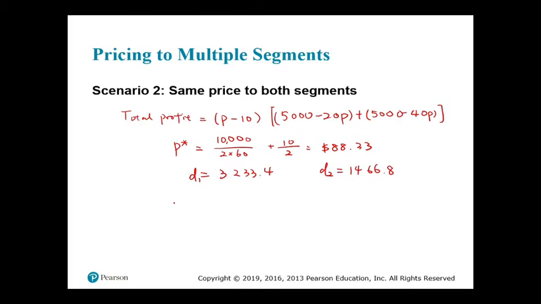And in this case, our total profit would decrease to $368,167, much lower than before.